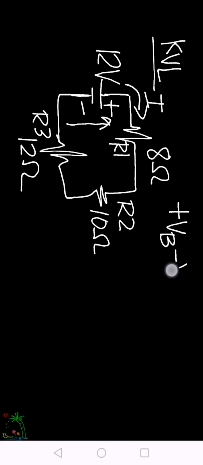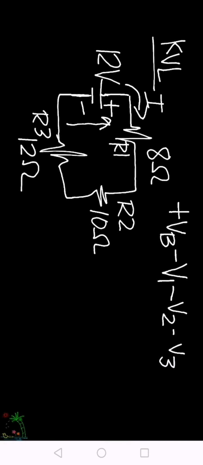That's the voltage drop across R1. Minus V2, the voltage drop across R2. Minus V3, the voltage drop across R3.